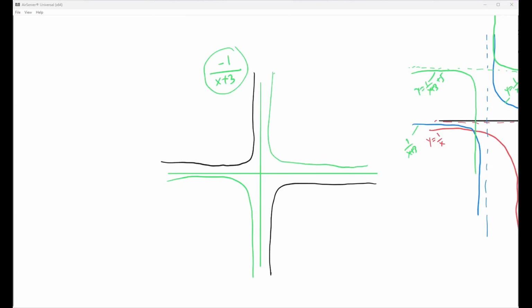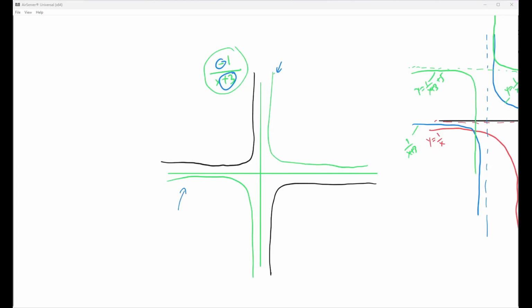What did I just graph? I just got the negative, right? This green graph is reflected over the x-axis. That's why the black inked one is reflected. That's a negative. Now, what do I do with the +3?